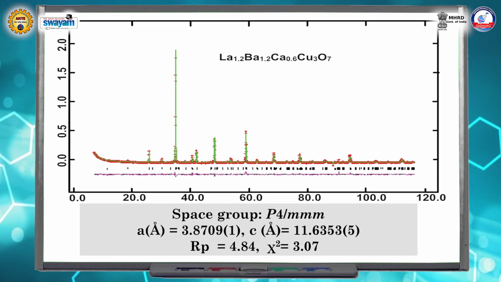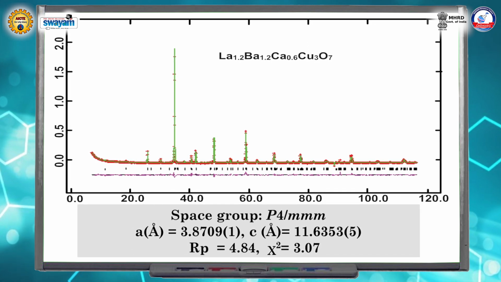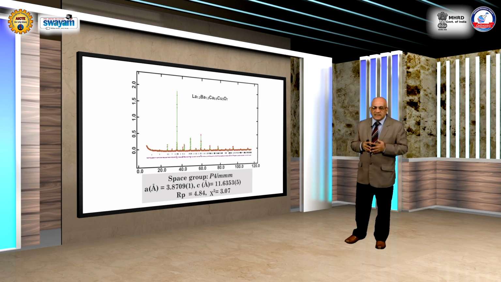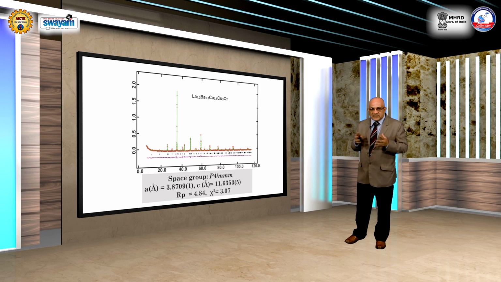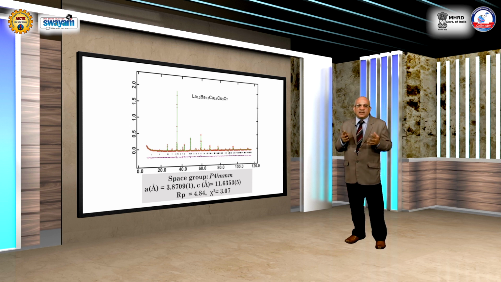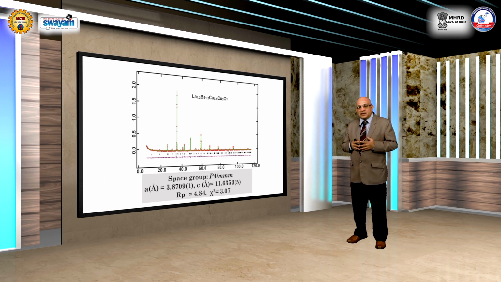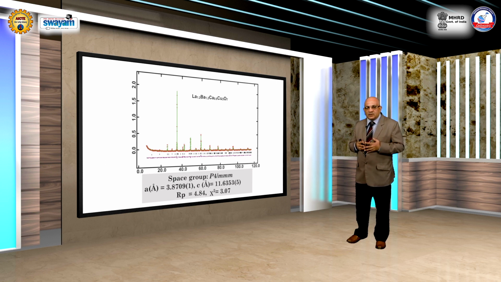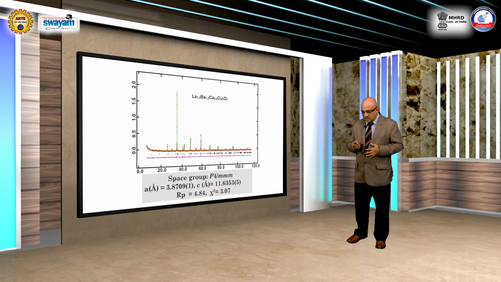That is not bad for a powder X-ray diffraction pattern, and there are other statistical numbers like the chi-square fit, etc. With all these things one can conclude whether your model structure is the real structure of what you have measured using X-ray diffraction. So, this is a typical X-ray diffraction pattern showing the Rietveld refinement and the fit to it. The difference plot is all shown in this figure.